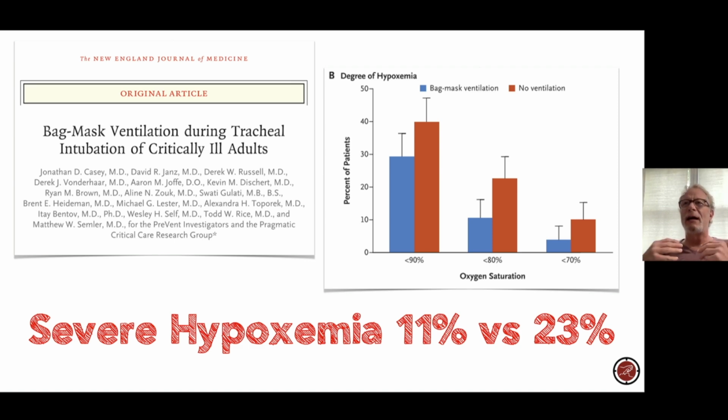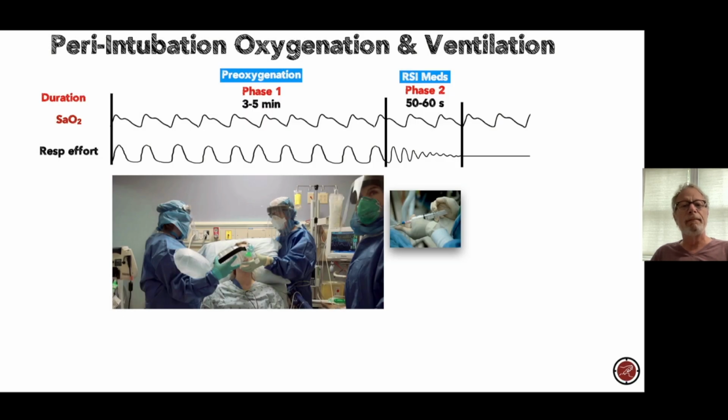I think what it's really come down to is cricoid pressure might have a small place, but what's more important is don't overventilate your patient, right? And if you do it safely and gentilate them, there's really no increased incidence of aspiration, but there is a decreased incidence of severe hypoxemia if you ventilate them gently during that period of time, paying attention to the monitor. You're going to have less severe hypoxemia, right?